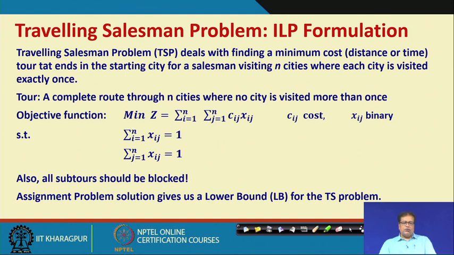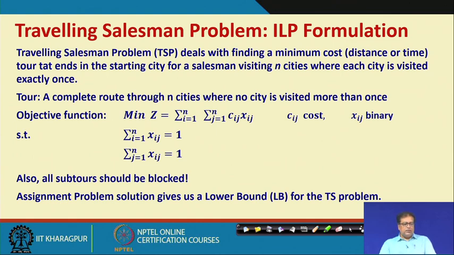Usually in a travelling salesman problem, the salesman travels from a given city to a number of cities, goes to all the end cities exactly once, and comes back to the city of origin.